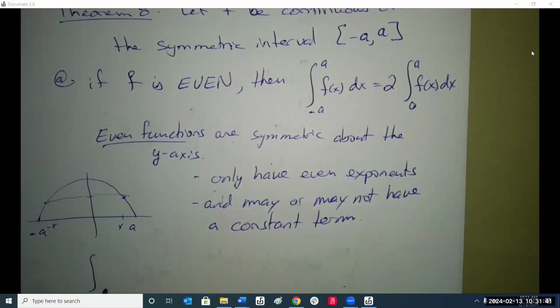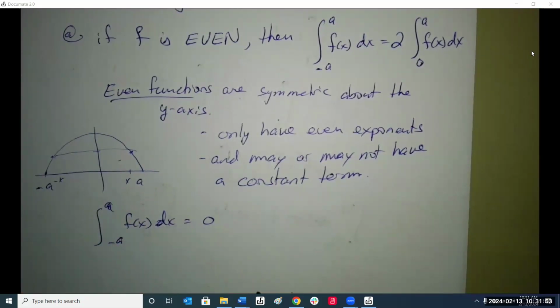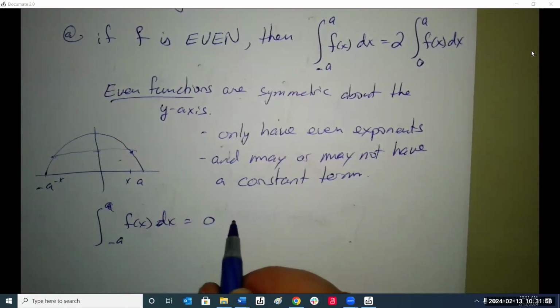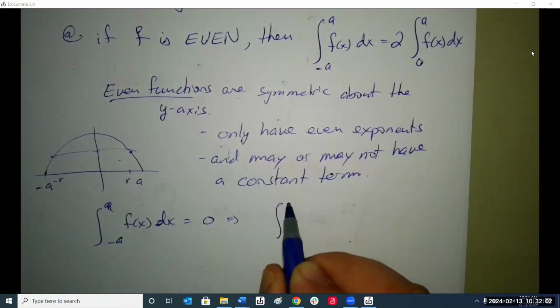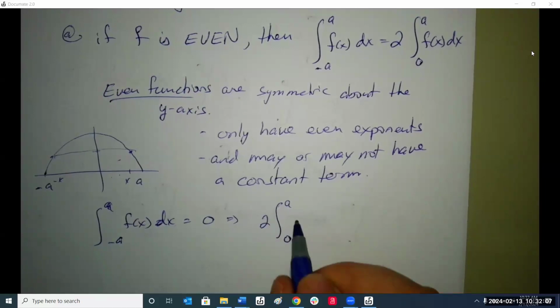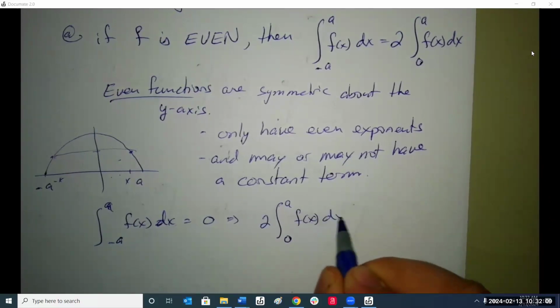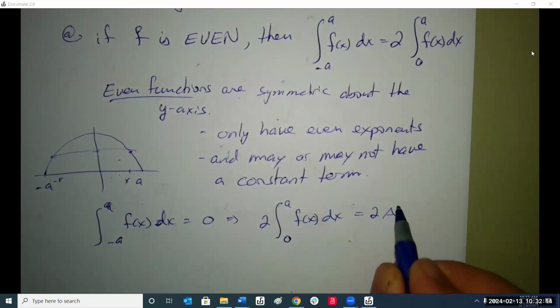If I did the whole thing with a function like this, it would give us 0, because this side here and that side there are opposite signs. So what we can do is, if we only take half of it and double it, then we get the true area.